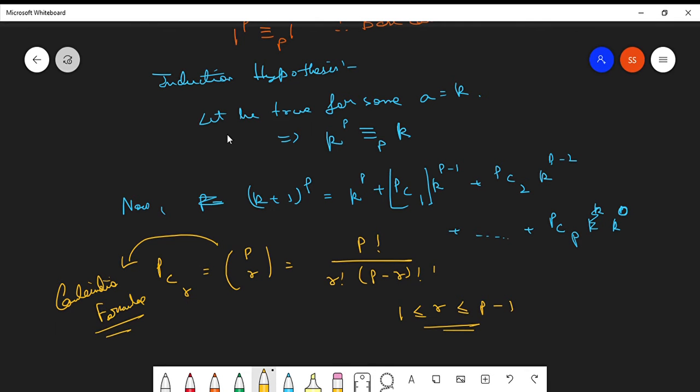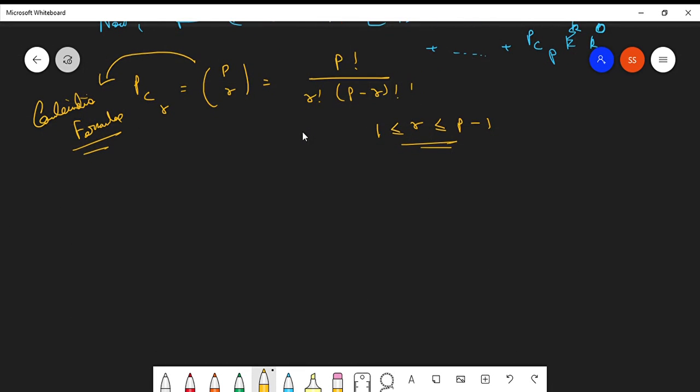Now this is pretty much visible that if you take some x equal to p factorial over r factorial into p minus r factorial, or rather write it like this, that it is p and pCr.